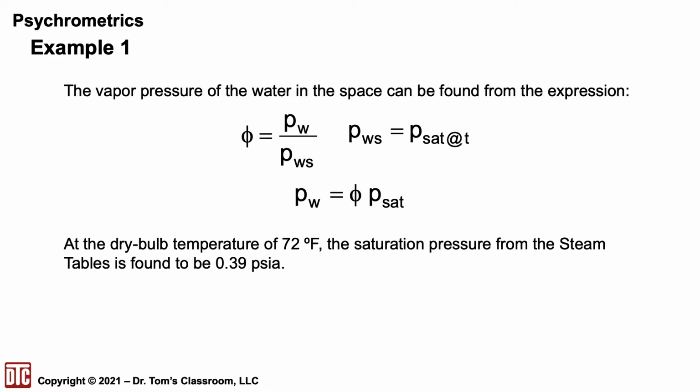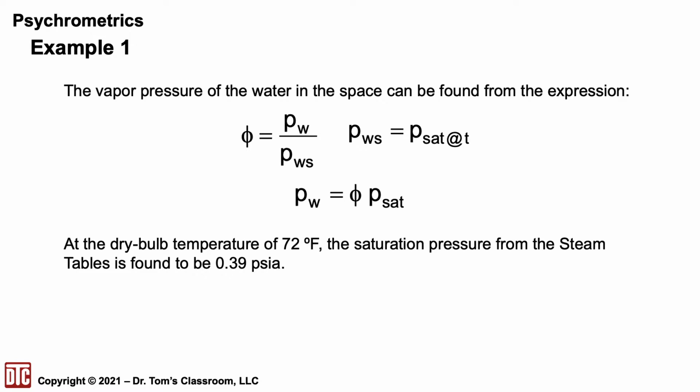Now I need to use my psychrometric chart. And so I will look at 72 degrees along the bottom line and then go up until I intersect the line of 58 degree wet bulb. And where those two cross is my point. I will look up a relative humidity, and then I can look up P sat from the steam tables at 72 degrees.